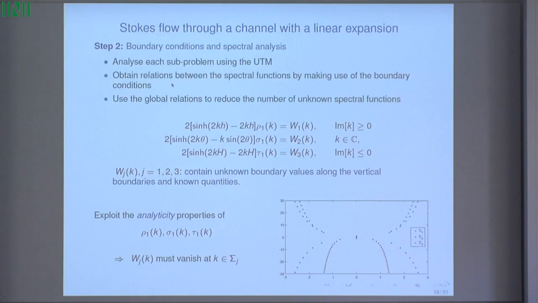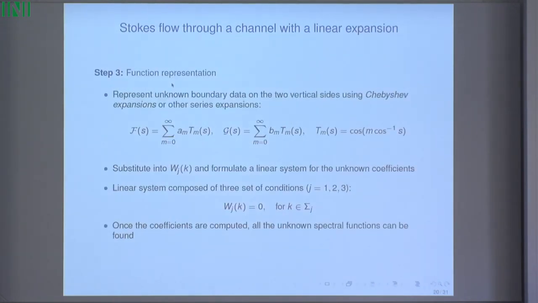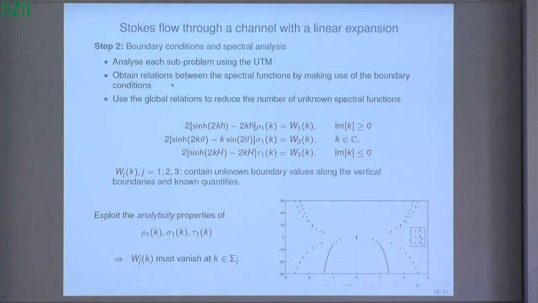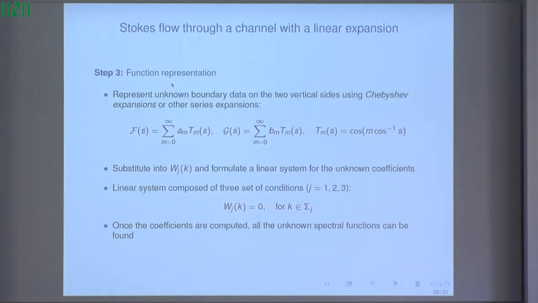These are forcing conditions in this spectral k-plane. Doing that, we get a linear system composed of these three sets of equations, saying that W1 is 0 for those points in their respective regions, which is different for each of them. These are in the upper half plane, these are everywhere, these are in the lower half plane.